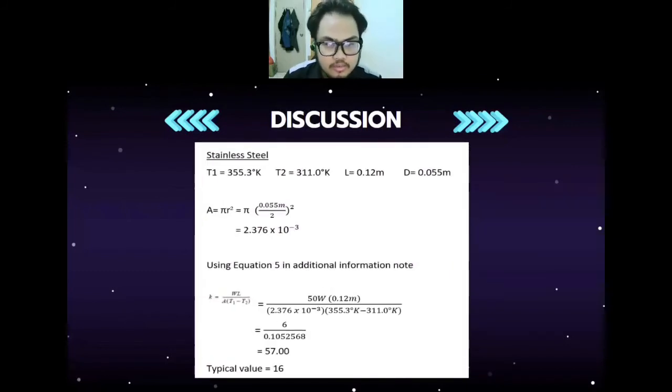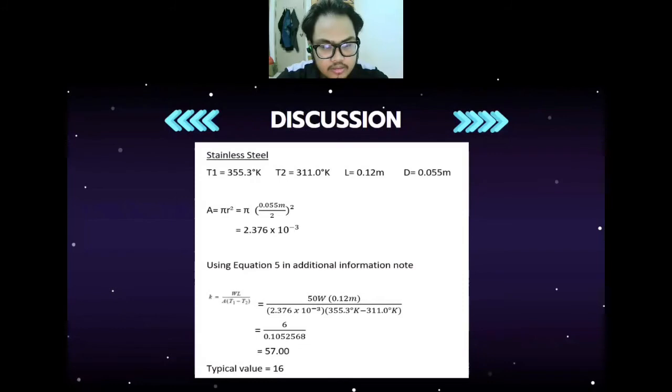For the next material, we are using stainless steel. T1 is 355.3 Kelvin. T2 is 311 Kelvin. The length is 0.12 meter, and the diameter is 0.055 meter. So we calculate the area as 2.376 times 10 to the power of negative 3.